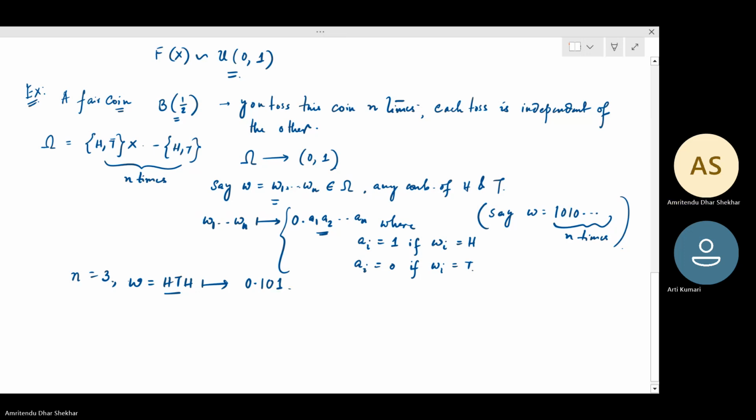Okay. But this number 0.A1, A2 up to An is represented in base 2 digits. So I hope you understand what is meant by binary digits. Essentially, whatever I get, head, tail, head, I'm translating it into a binary number. So this is how my binary number looks.